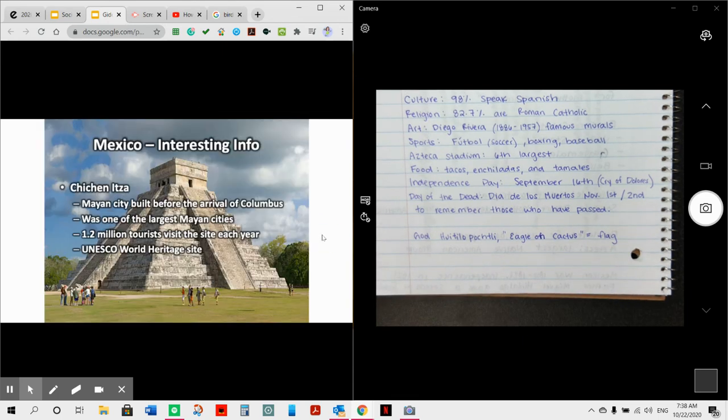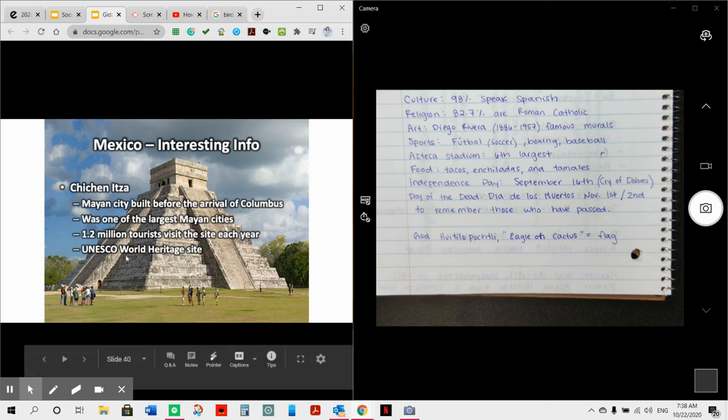Okay, interesting info. Chichen Itza, the Mayan city built before the arrival of Columbus, was one of the largest Mayan cities. 1.2 million tourists visit the site each year. UNESCO World Heritage Site. So you can tell by how big these people are in the picture, how large this structure is.